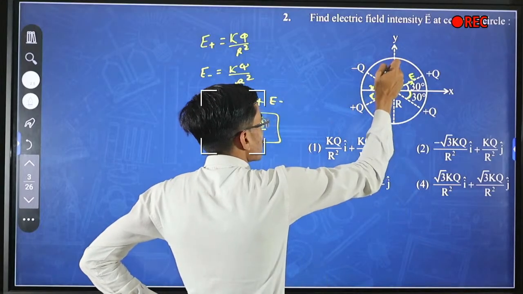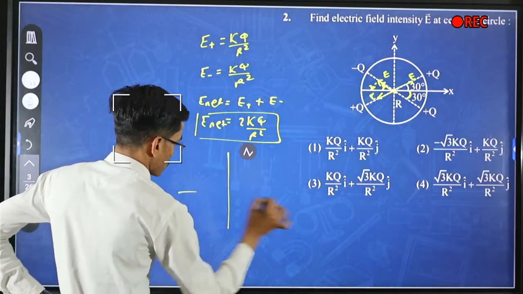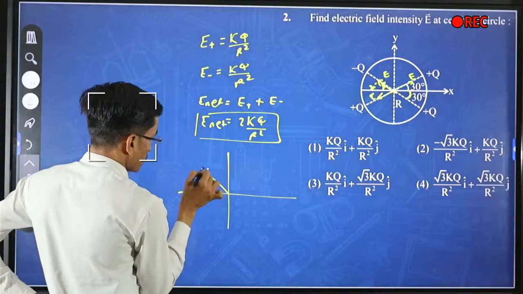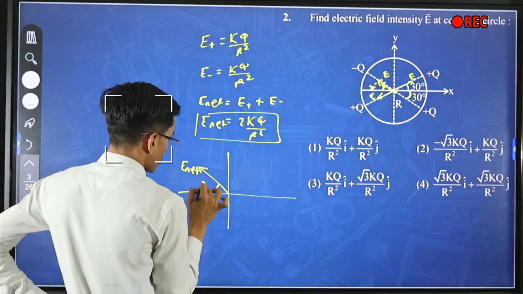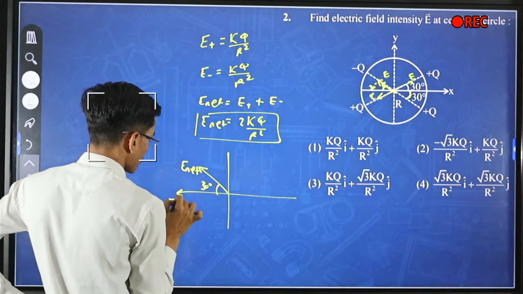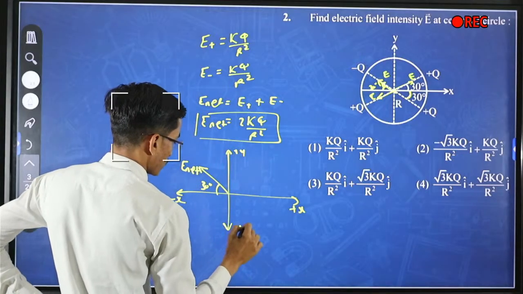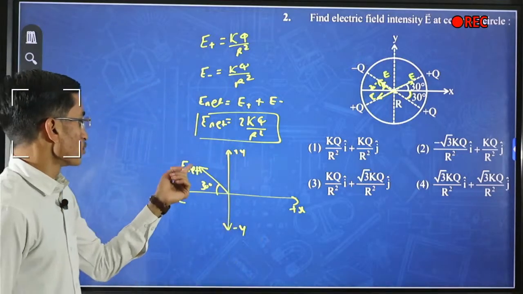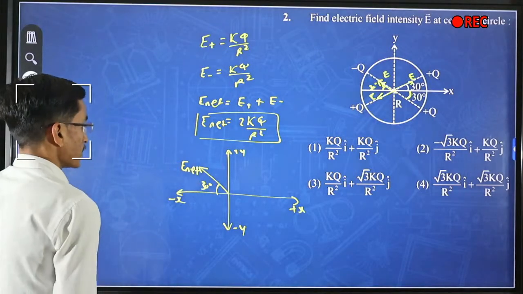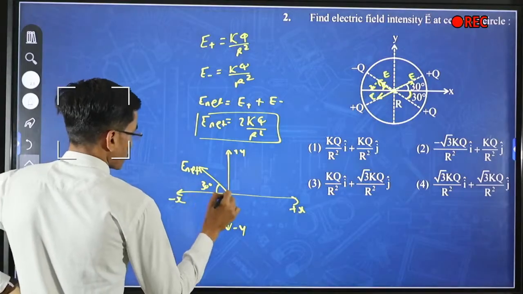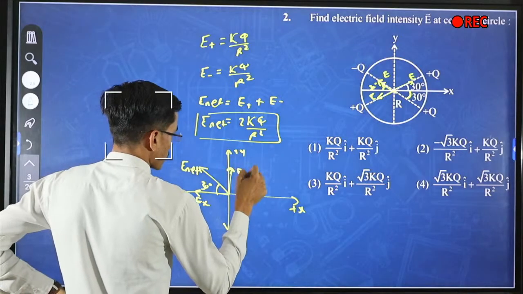So the net electric field looks like this: E net makes an angle of 30 degree with the negative x axis. Here is positive x, positive y and negative y. So we have to break E net into components Ex and Ey. This component is Ex and this component is Ey.